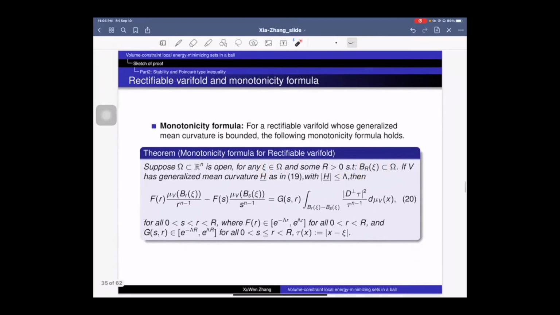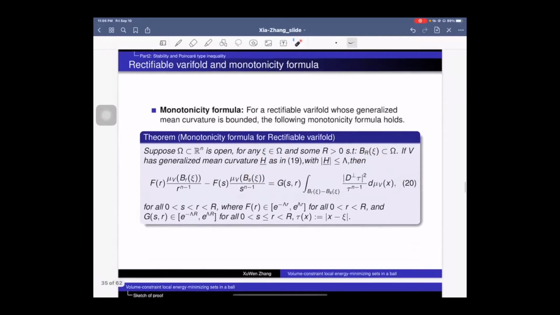And the following formula is the monotonicity formula. Indeed, the right-hand side is always non-negative, which means that this quantity is non-decreasing.